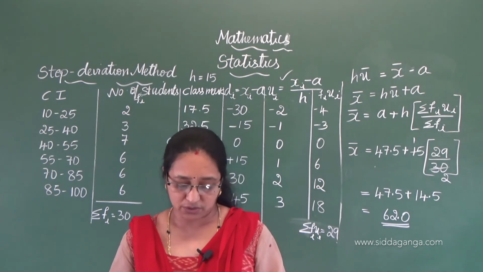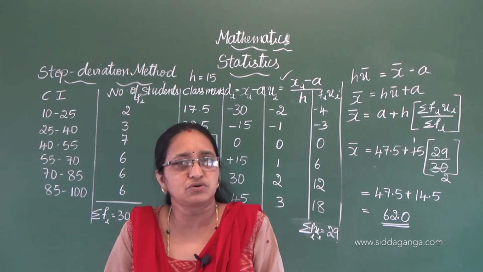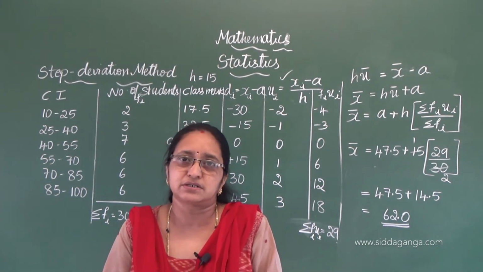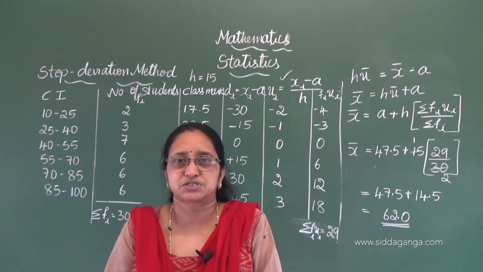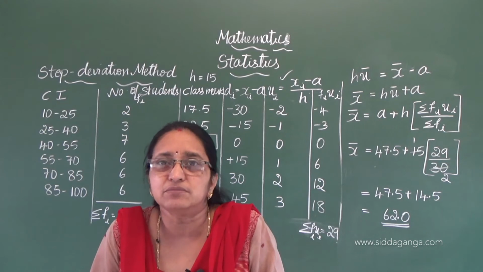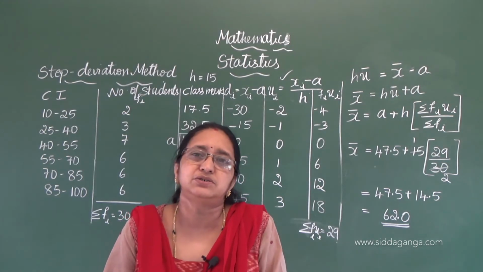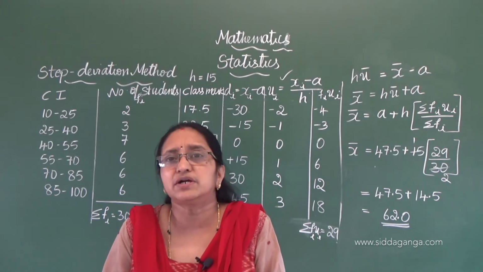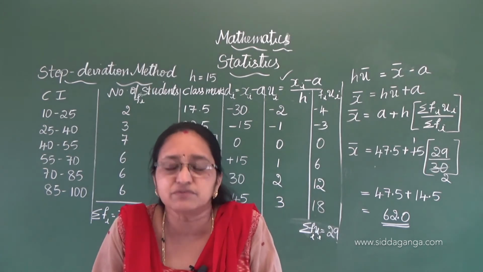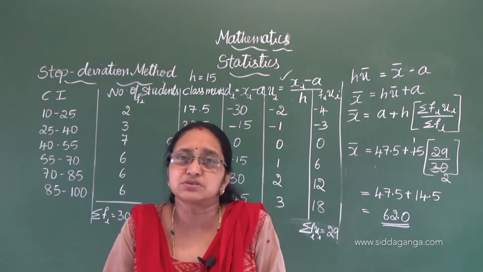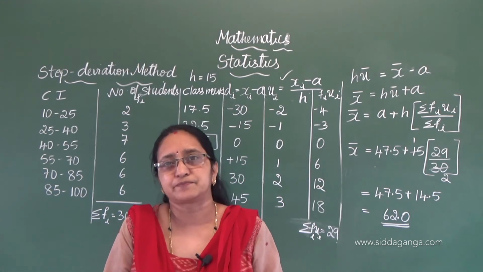So to what conclusion can we come? Now you know all the 3 methods: direct method, assumed mean method, and step deviation method. So now you can come to the conclusion which of the 3 is the suitable method to adopt, and some reasons you have to mark for why you have adopted it. At the beginning we took the direct method because there fi and xi were smaller units.